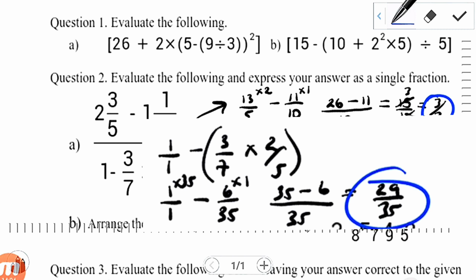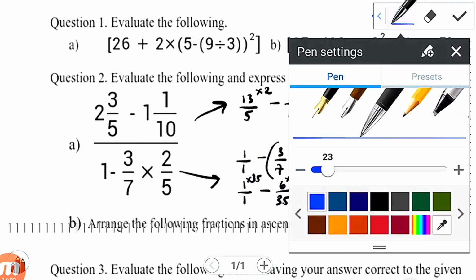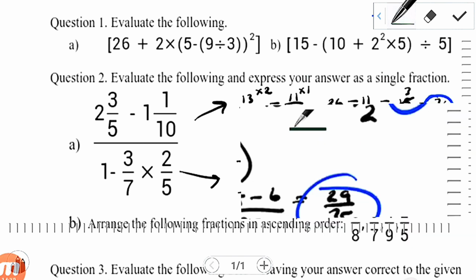Now we end up with 2 separate solutions. What do we do at this stage? We simply divide both answers. So we would have 3 over 2 as our first answer, divided by the result of the bottom, which is 29 over 35. When we're dividing fractions, what do we do?